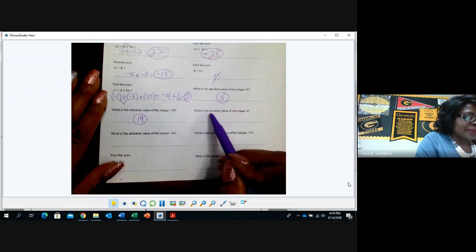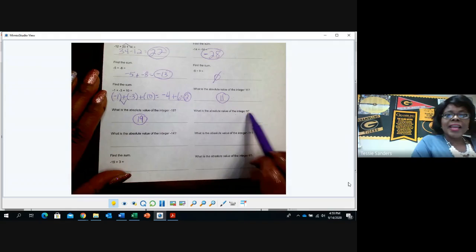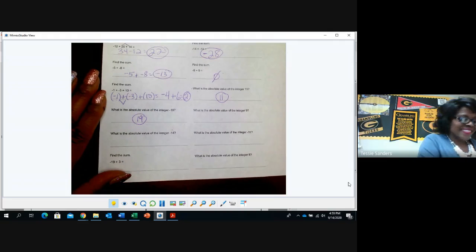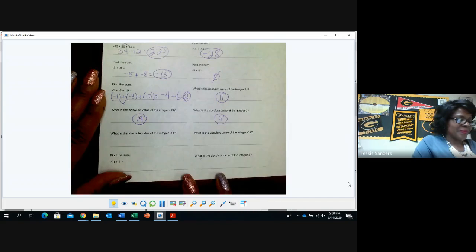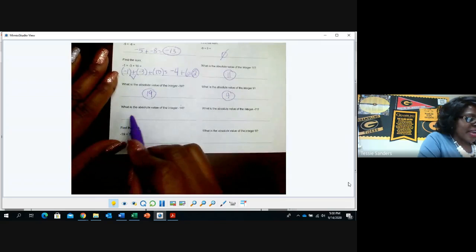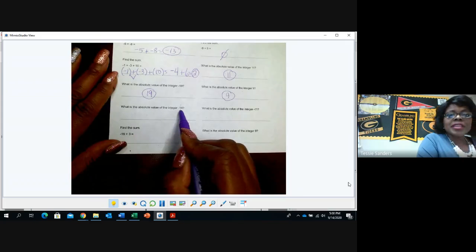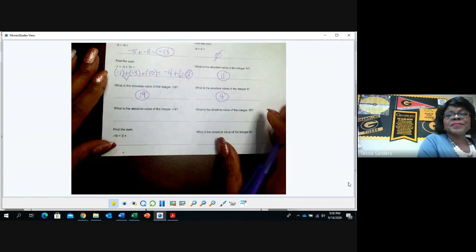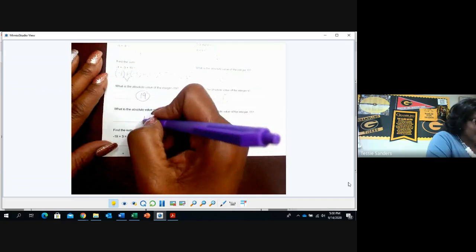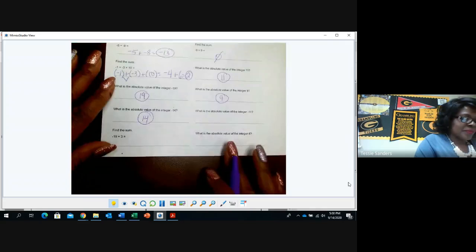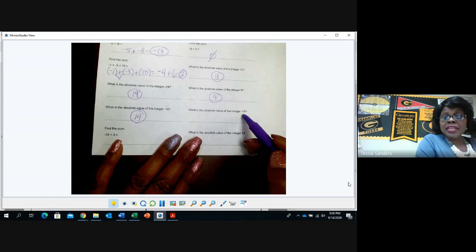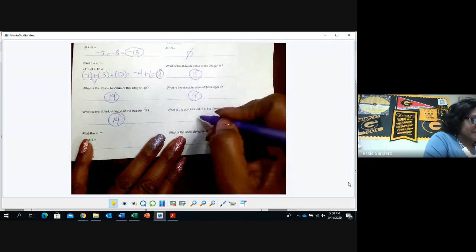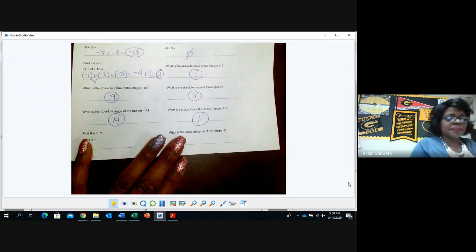What is the absolute value of the integer 9? 9. What is the absolute value of the integer -14? 14. What is the absolute value of the integer -11? 11.